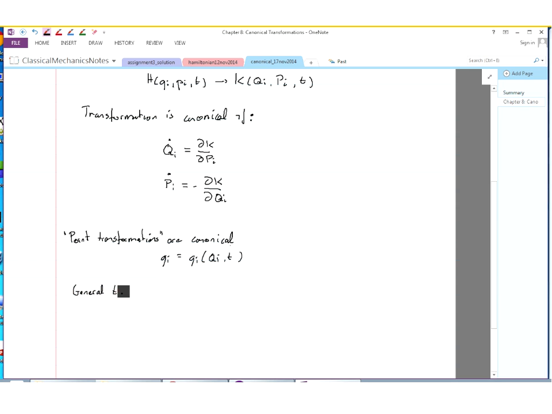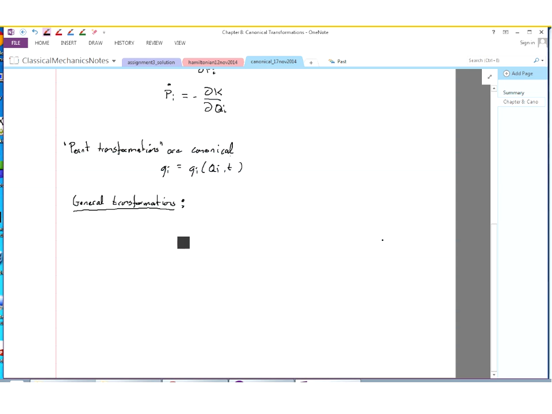So let's look at general transformations. A general transformation we're going to write as qi given as a function of the big Qi's, capital Pi's, and t.